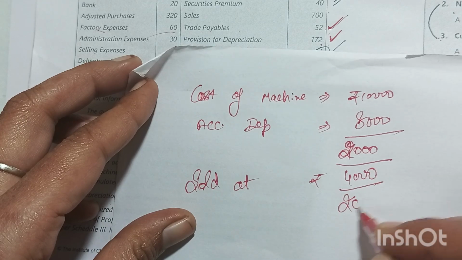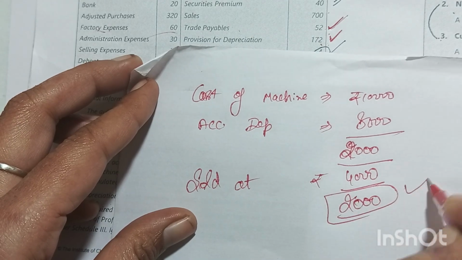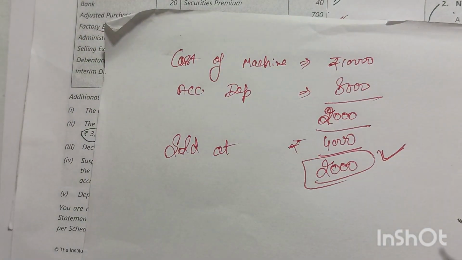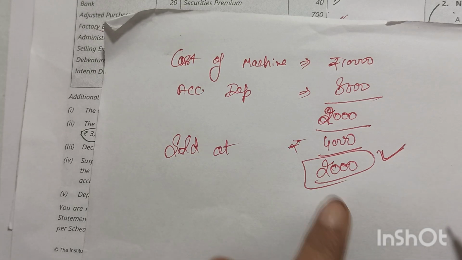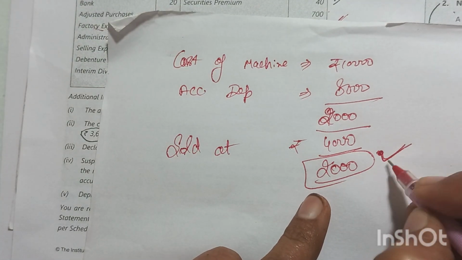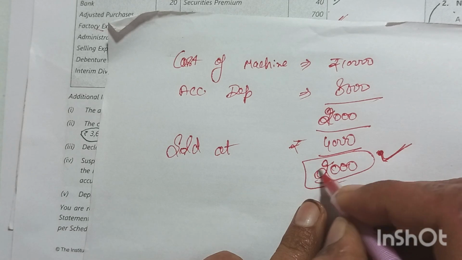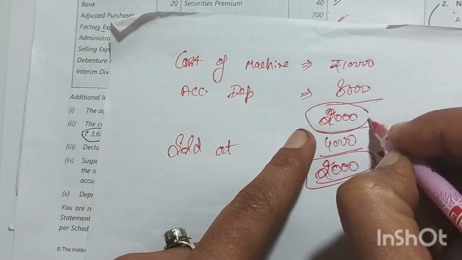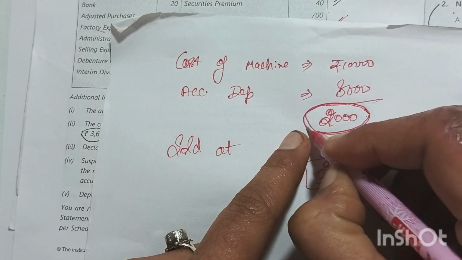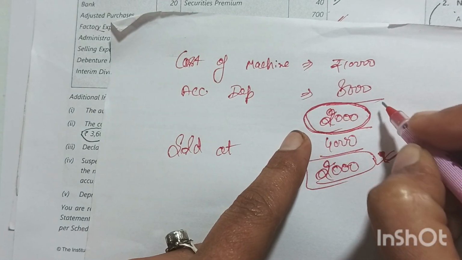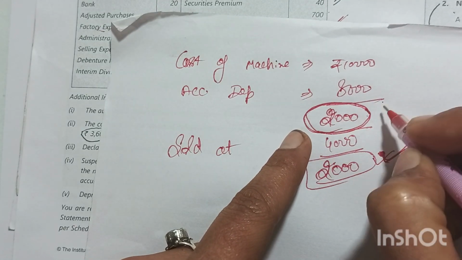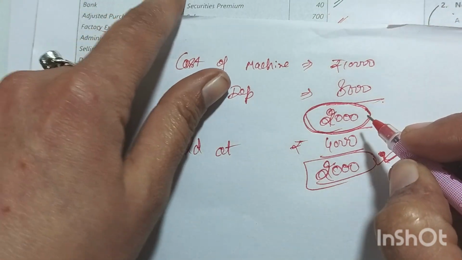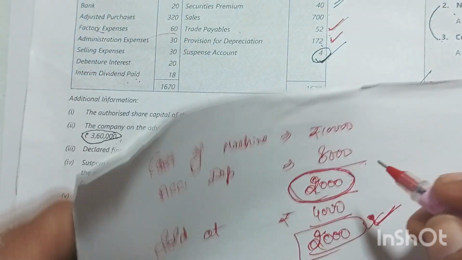So 2,000 is the profit on the sale of the machinery. This we will consider separately, but the 2,000 rupees given as an amount in the plant and machinery, we will reduce out of the 770 we are given.